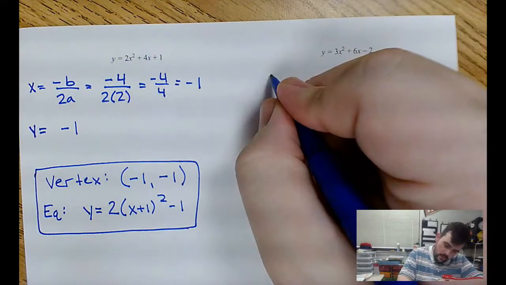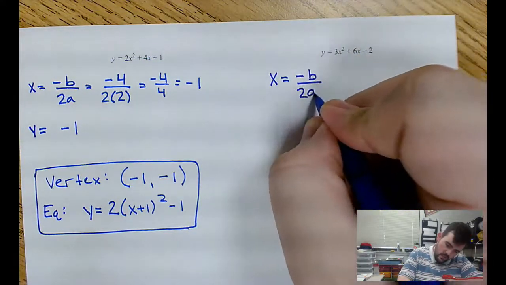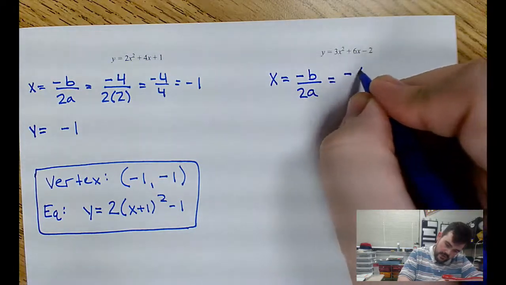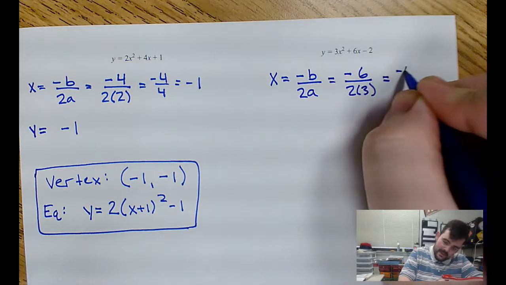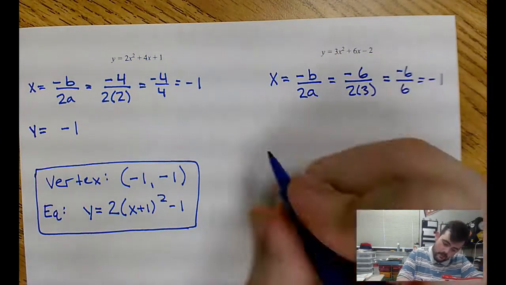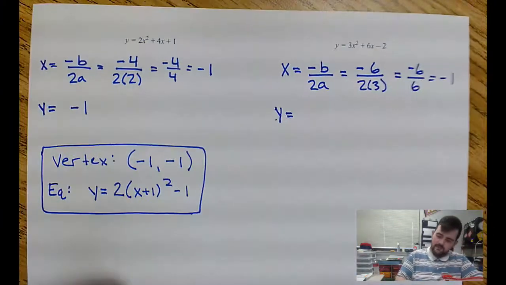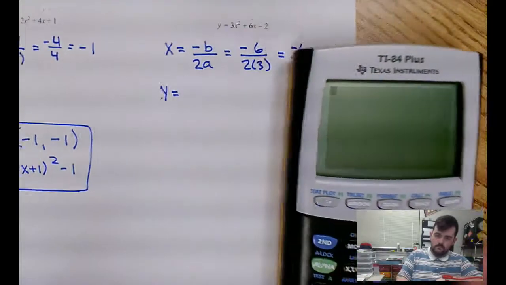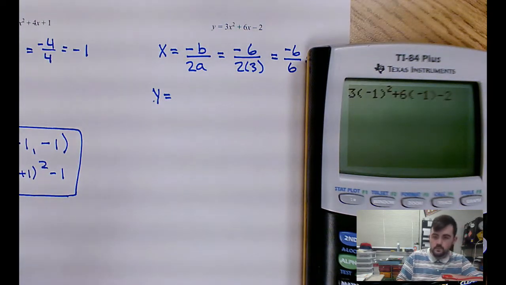Okay, 3 more. x equals negative b over 2a, which is negative 6 over 2 times 3, which is negative 6 over 6, which is negative 1. Negative 1 again. y equals, plug a negative 1 in for all of that. Let's see, 3 times negative 1 squared plus 6 times negative 1 minus 2.